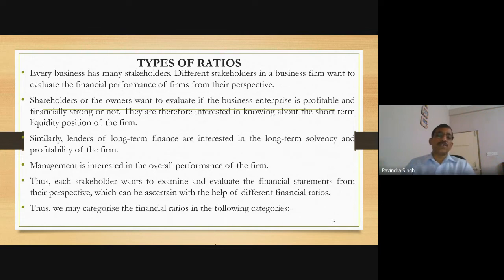So every investor first works out where to invest. How do they work? They go through the balance sheet, audit report, and self-calculate the various ratios which I am going to present. And after being satisfied, they go for any investment.